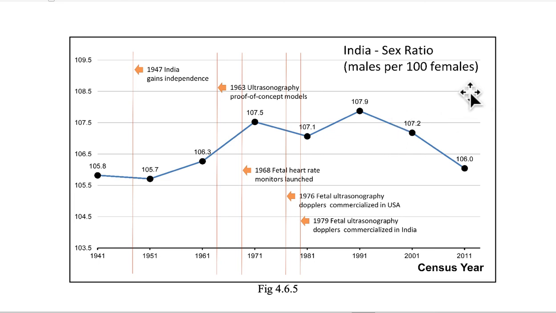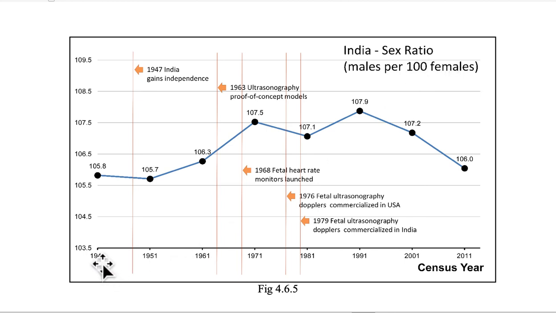This graph shows the sex ratio in India according to census 2011. It shows the number of males per every 100 females. On the x-axis we have years and on the y-axis we have numbers. And the females ratio is considered standard, fixed as 100.